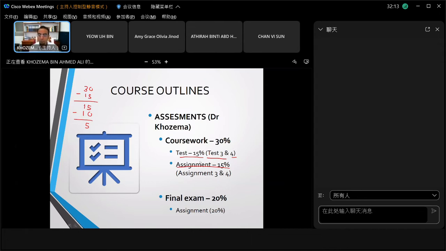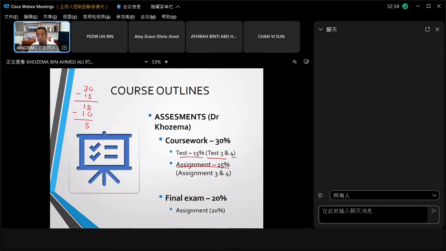If you did not do well in one test, you have other opportunities to do better in test 3, test 4, assignment 3, assignment 4. Same thing goes for your assignment. If you did not do well in assignment 3, you still have the opportunity to score in test 3, test 4, and assignment 4.